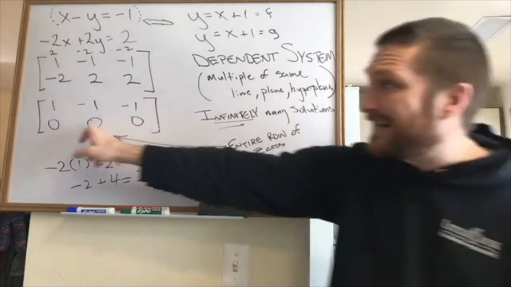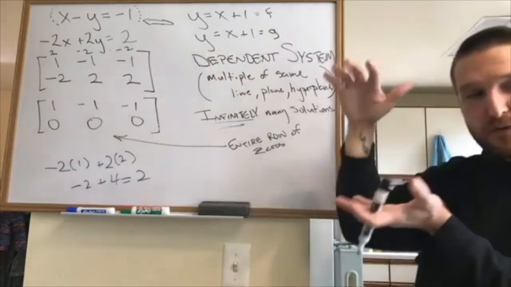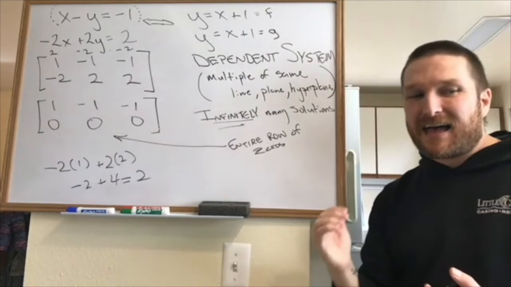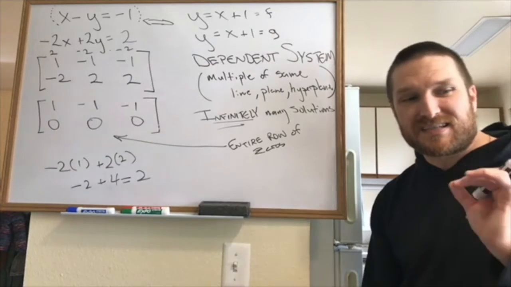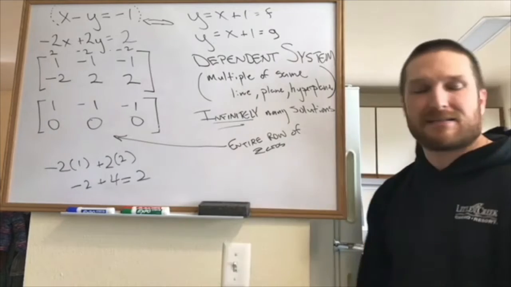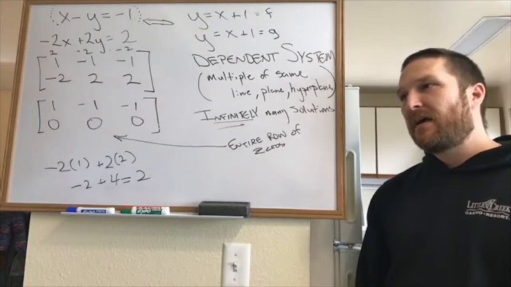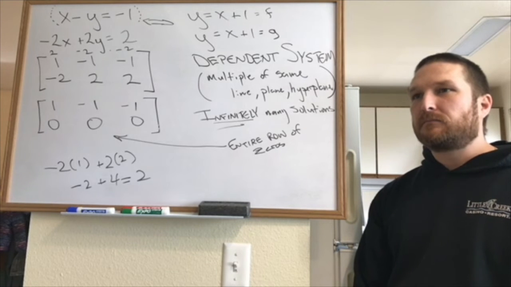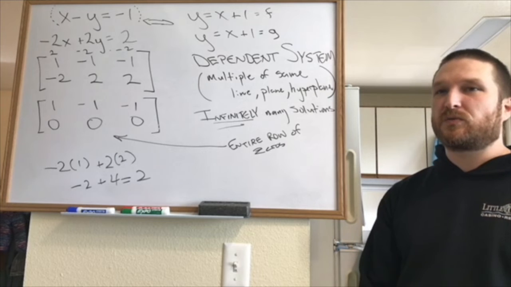And this can happen at any time, right? Especially if you have a 3x3 system or a 4x4 system, if at any time as you're solving, you get an entire row of zeros, you could stop and say, this is a dependent system. There are infinitely many solutions. Done. We're not going to worry about what type of solutions they would be.